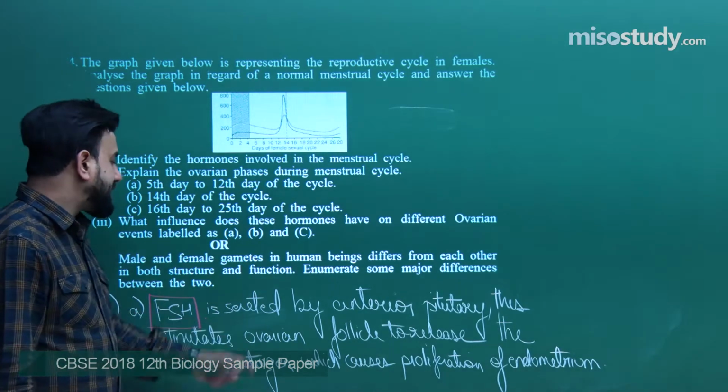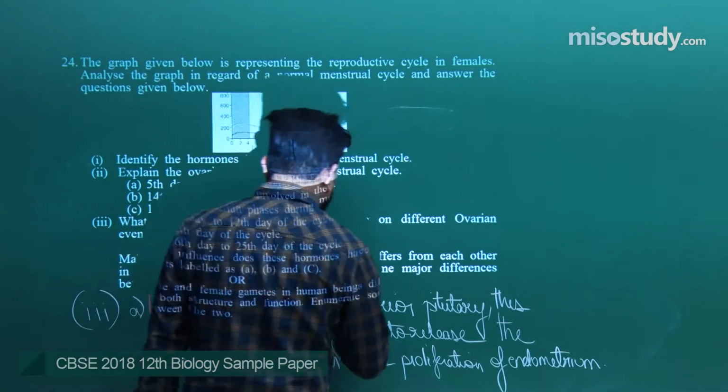So FSH is secreted by the anterior pituitary, right?